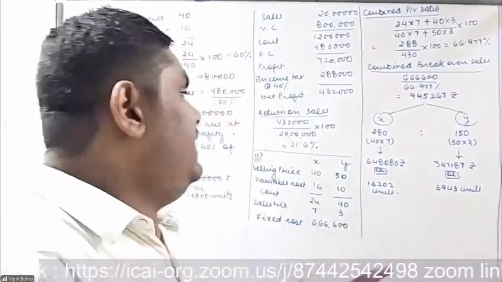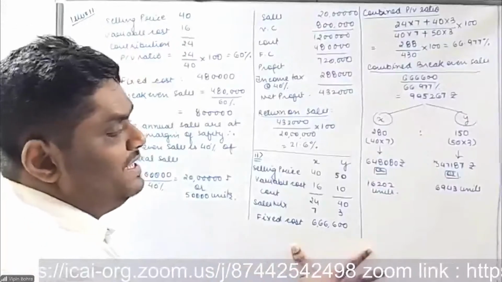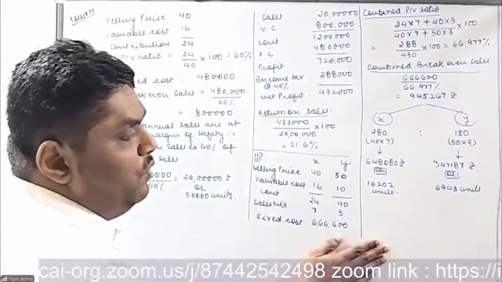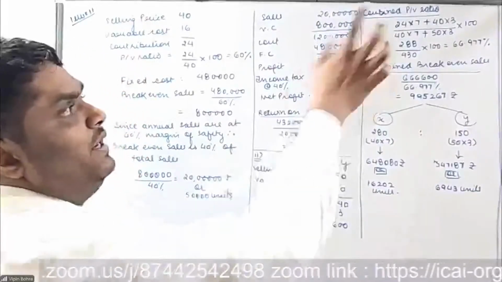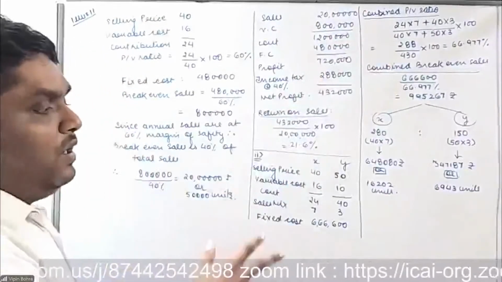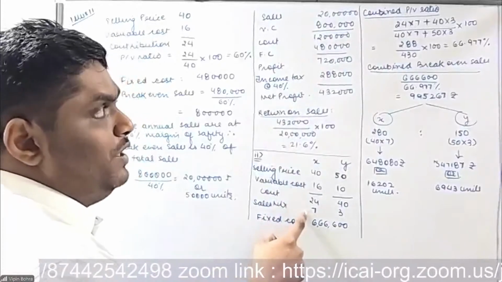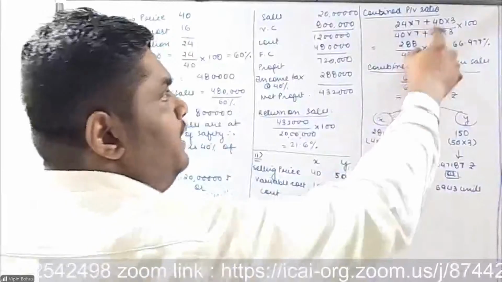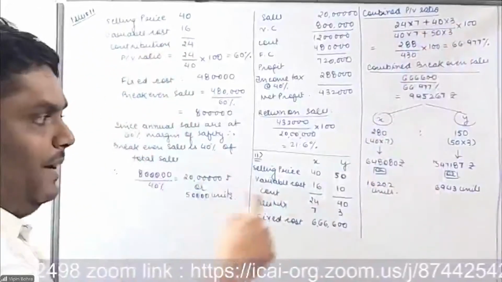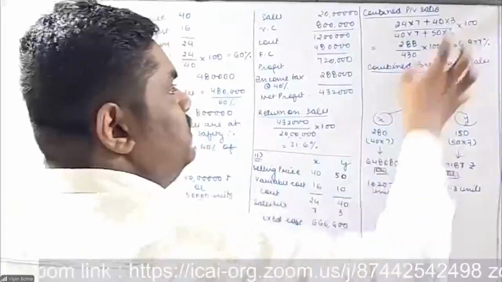So I repeat again, guys, as and when you find a question on sales mix, first point is that calculate the combined PV ratio. How to calculate the combined PV ratio? Contribution into weight plus contribution into weight, whole divided by selling price into weight plus selling price into weight.